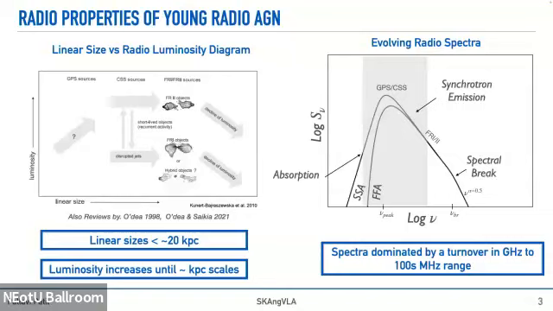So when you have very compact scales, the turnover is at gigahertz to hundreds of megahertz frequency, which is the part of the spectrum that we can observe with radio telescopes. In fact, this has been the key way to identify different samples of peaked spectrum sources, and also to filter out some of the young radio AGN candidates from these samples.